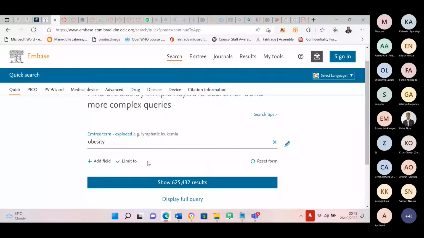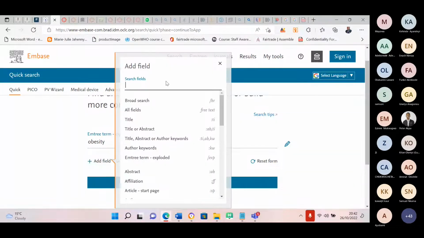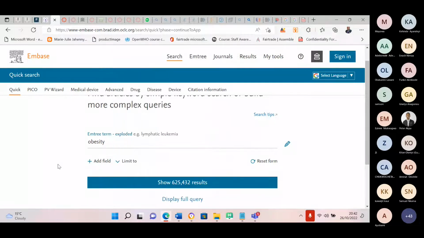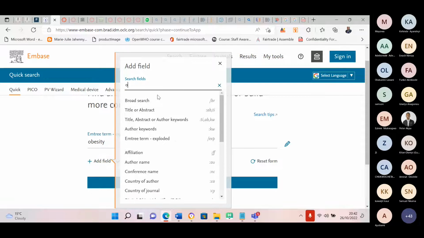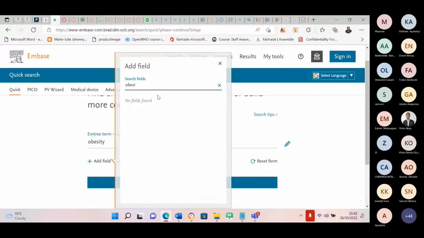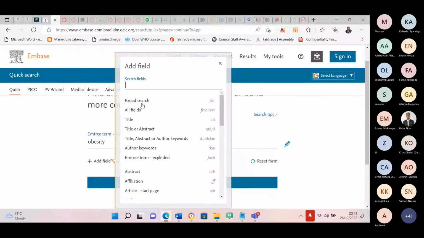Now this time I want to add a field here. I want to add obesity as a keyword, just a normal obesity in title or abstract.